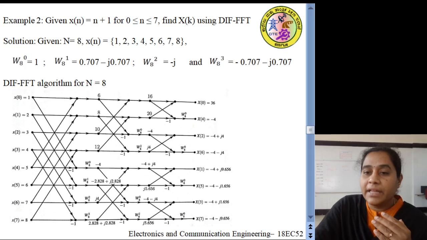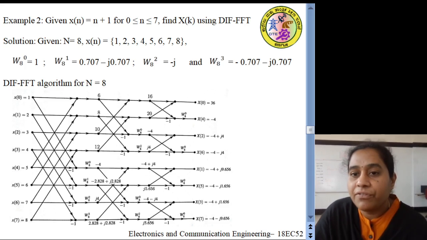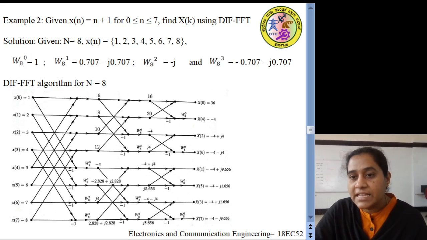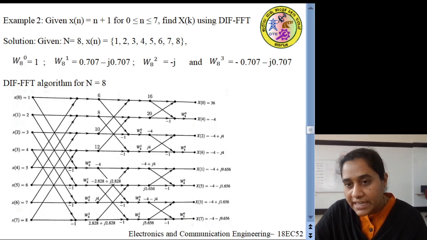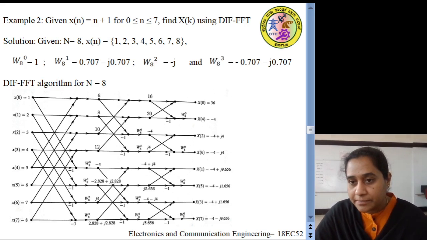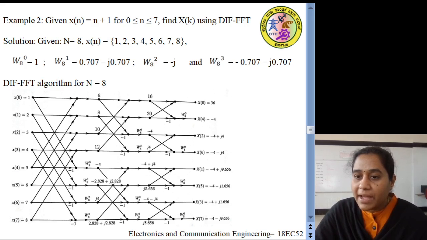So, X of k, that is the DFT of the corresponding time domain samples x of n, we can write as 36, minus 4 plus j 9.656, minus 4 plus j4, minus 4 plus j 1.656, minus 4, minus 4 minus j 1.656, minus 4 minus j4, and lastly minus 4 minus j 9.656.